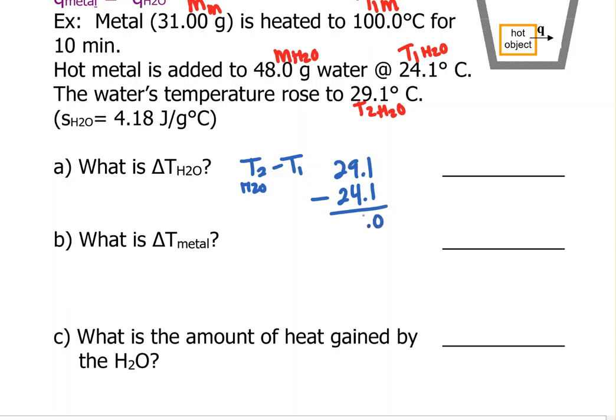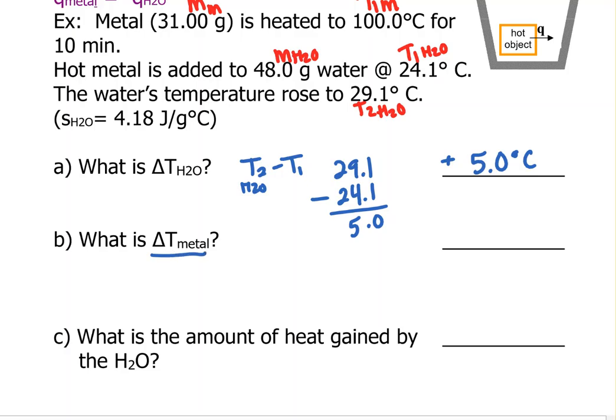Watch our sig figs on this. This is a positive number. Sometimes when you're doing chemistry or thermodynamics, it's good to keep those positive signs just to make sure that you're watching the signs, because positive and negative changes everything.